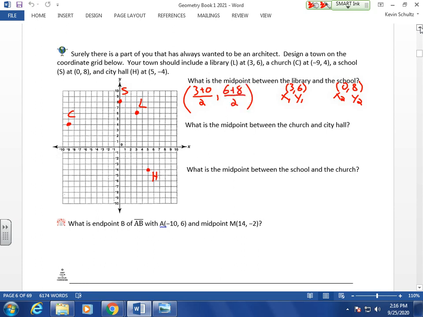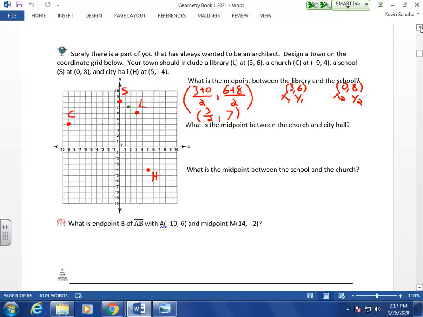Again, all we're doing here is finding the average of the x's and the average of the y's. We again get 3 halves as an x value, 3 over 2. And for the y value, 6 plus 8 is 14, divided by 2 is 7. So then you take that point, and you'd go ahead and plot it, 1.5, 7.